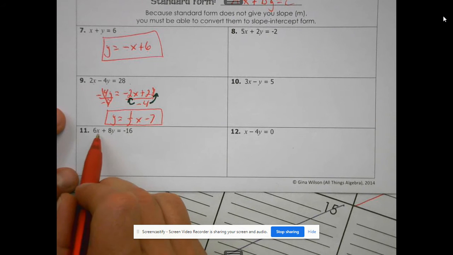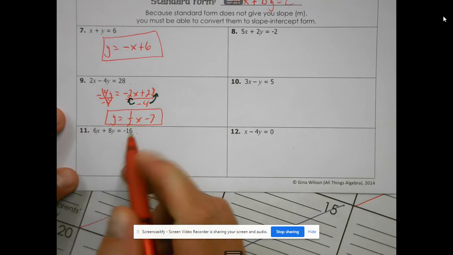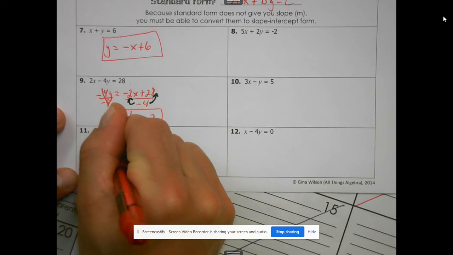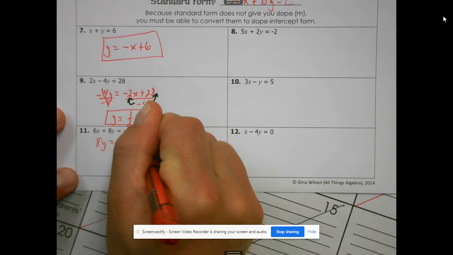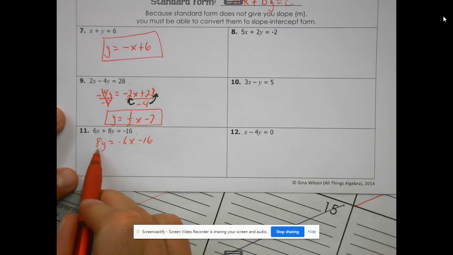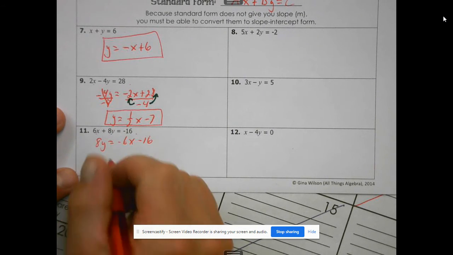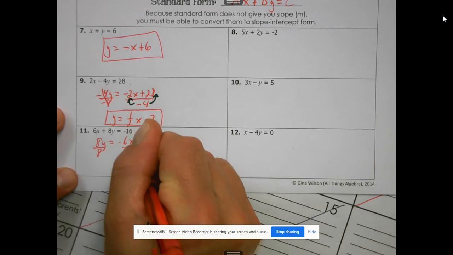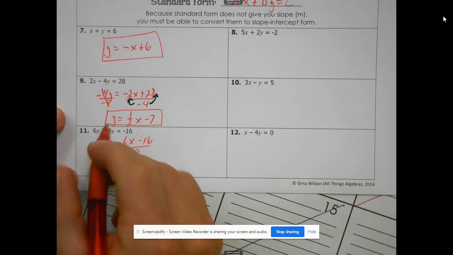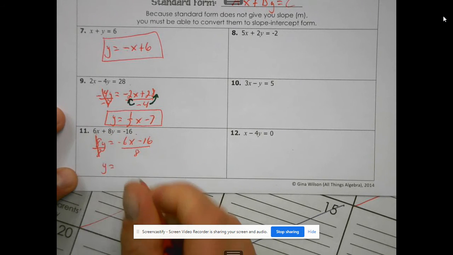Number 11, first step, subtract the 6x over here. 8y equals -6x minus 16. Divide both sides by 8. Left-hand side, they cancel out. You bring down the y.